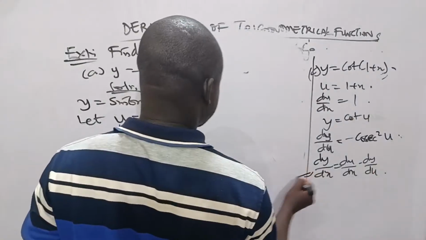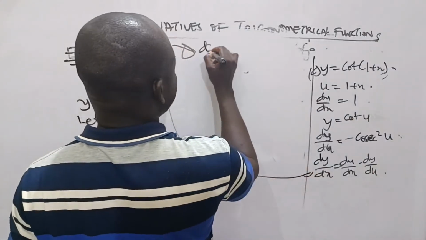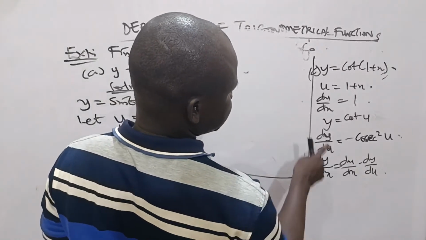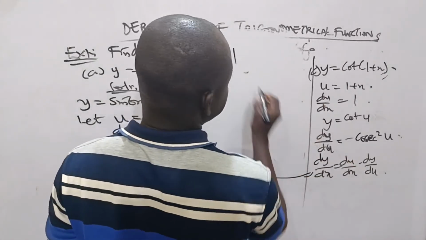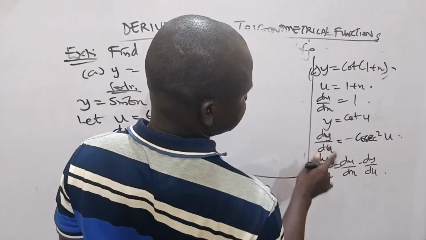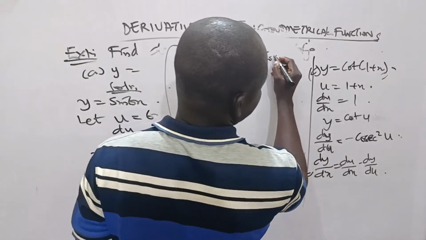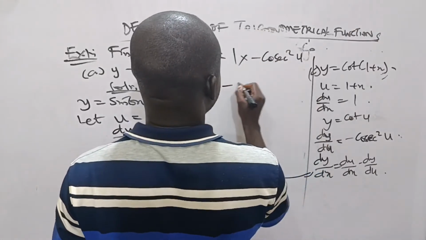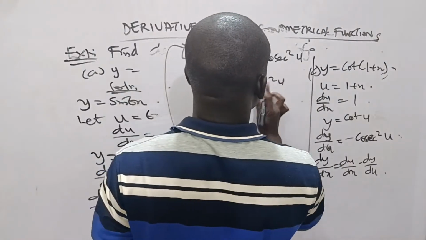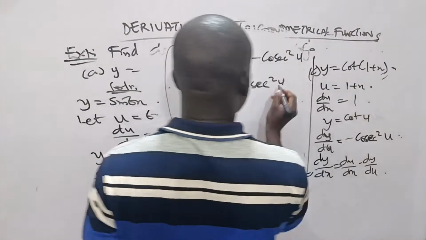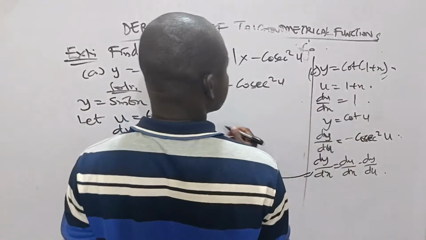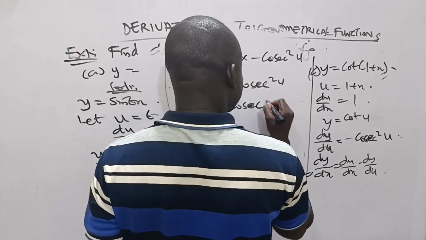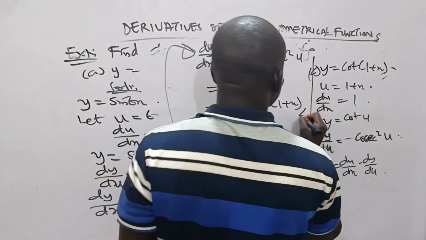If you substitute correctly, we are going to have dy/dx equal to du/dx, which is 1, multiplied by dy/du, minus cosec square u. Finally, we have minus cosec square u as our answer. Then what is u? 1 plus x. So the final answer is minus cosec square (1 plus x).